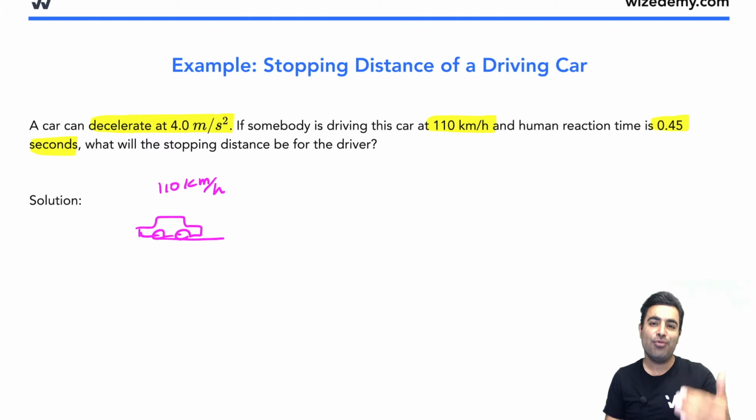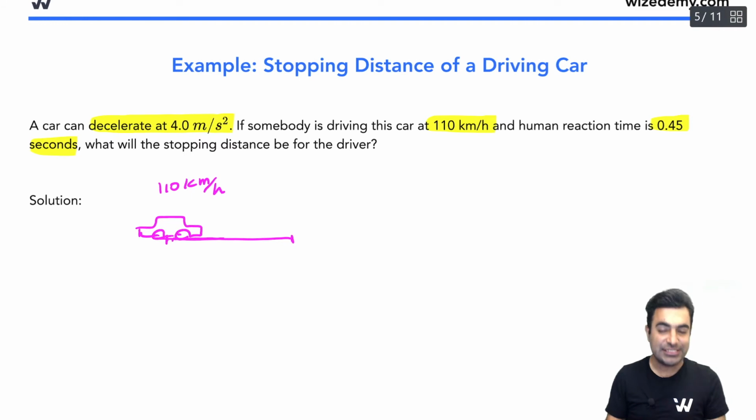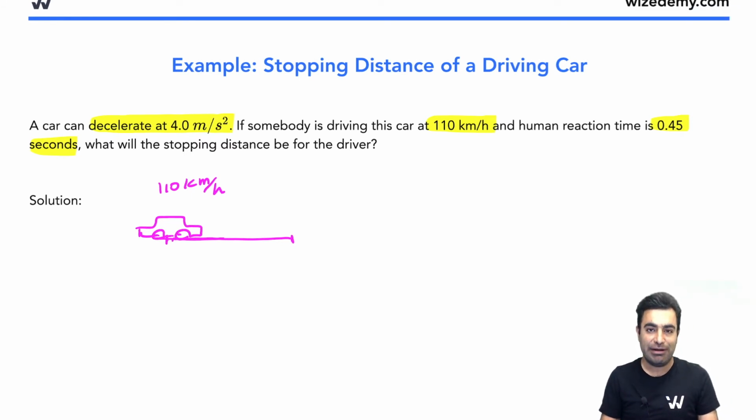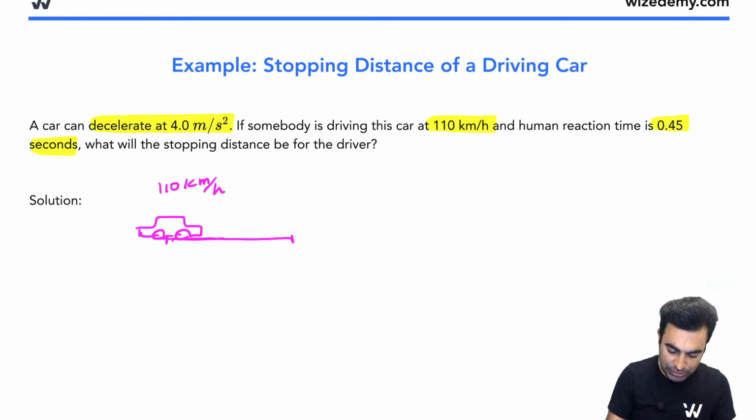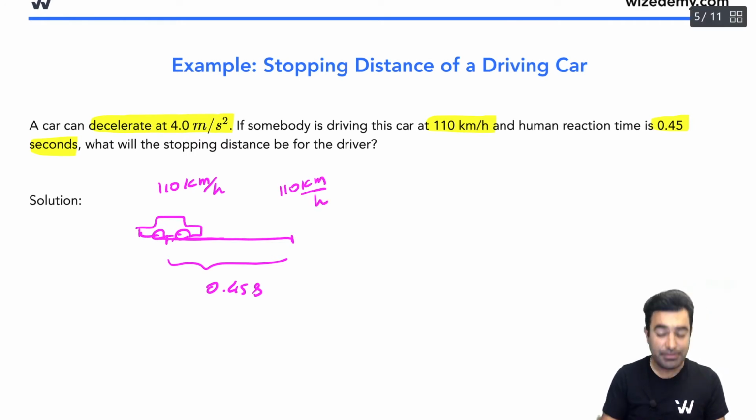So from the moment he sees the kid till the moment he pushes the brake, there's 0.45 seconds. During this time, the car is going to move forward at a constant speed of 110 kilometers per hour. So we know that the time for this section is 0.45 seconds. At the end of this path, the car is still moving at 110 kilometers per hour.